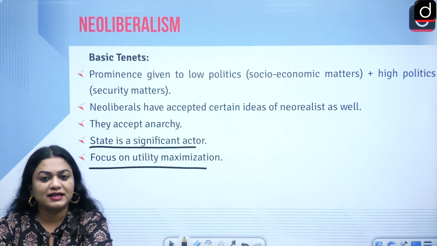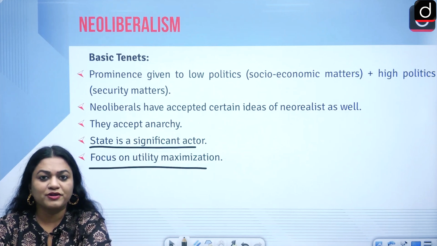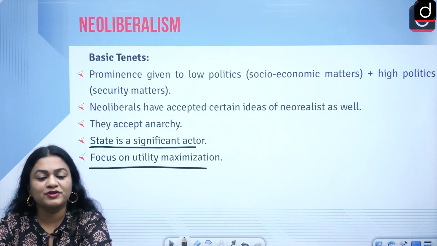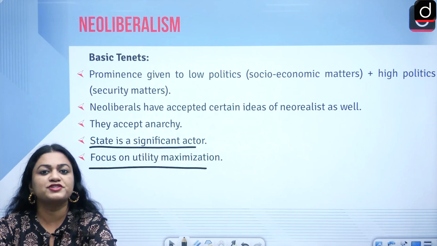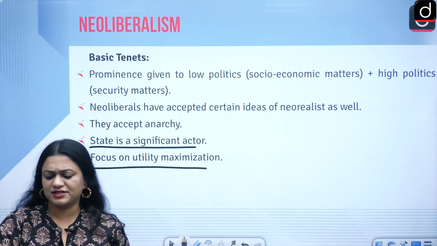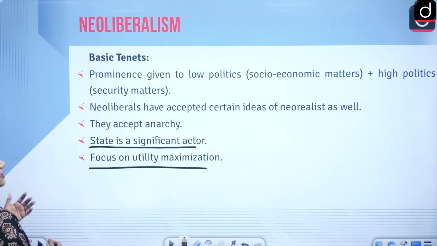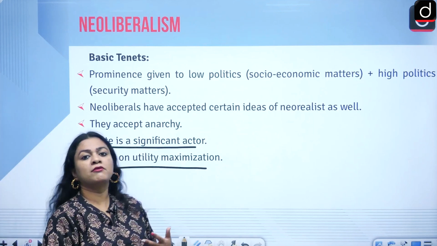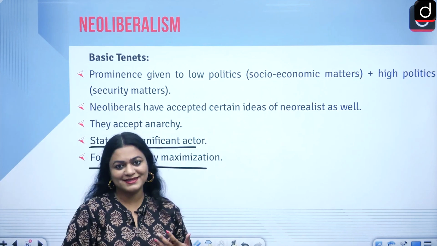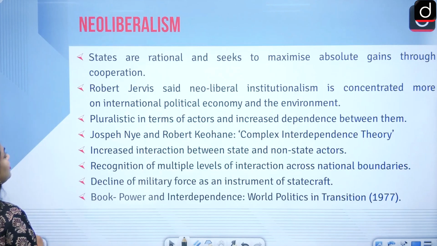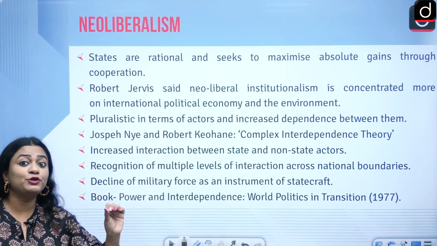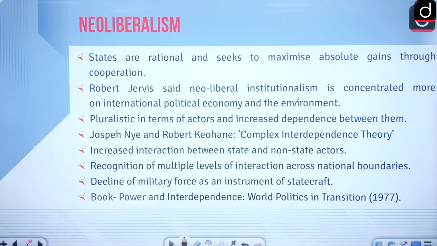Let's say I am purchasing oil from you, then you take rice from me. Or if I am taking oil from you, then you buy finished goods from my country. So utility maximization: more cooperation between states is necessary. States are rational and seek to maximize absolute gains through cooperation.